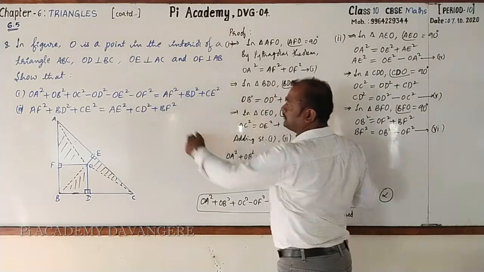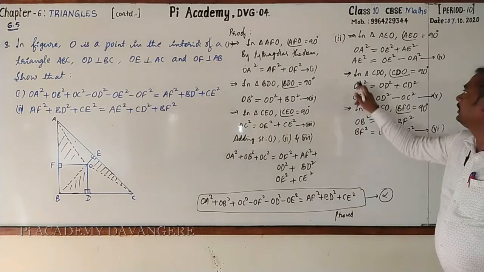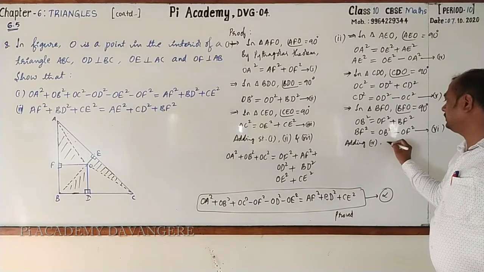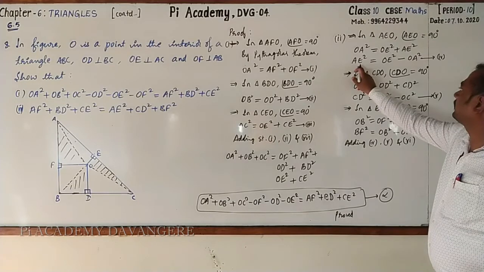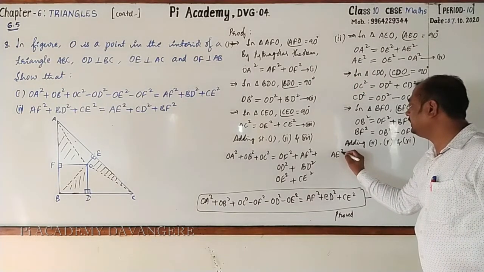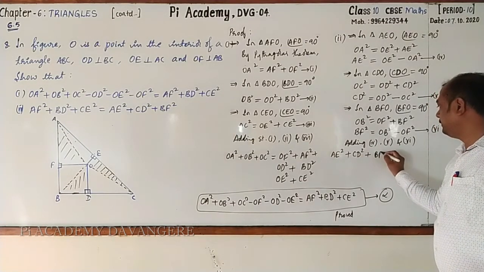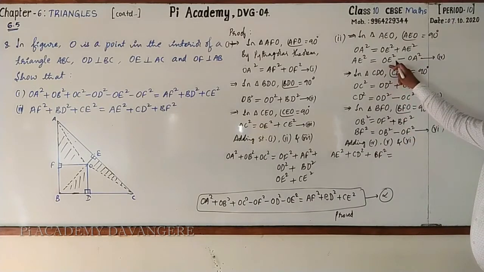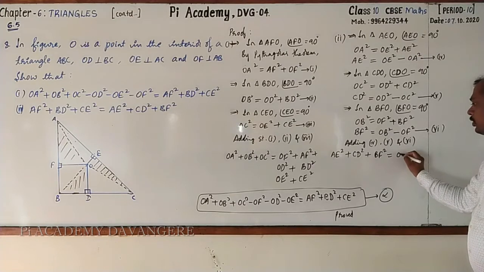Observe, here we have the sum. Let us go for adding all of these, fourth one, fifth one and sixth one. Adding the fourth, fifth and sixth statements, we can write the LHS part: AE square plus CD square plus BF square is equal to the RHS part. See that?